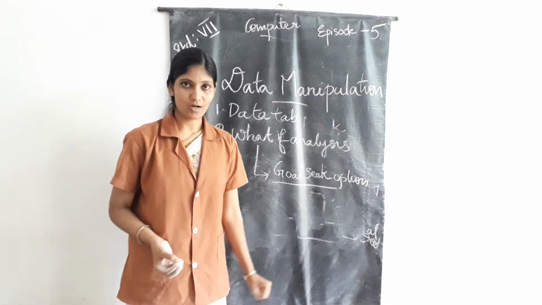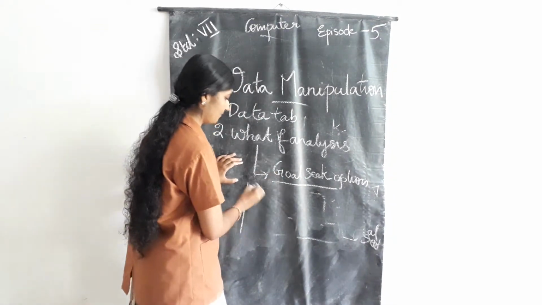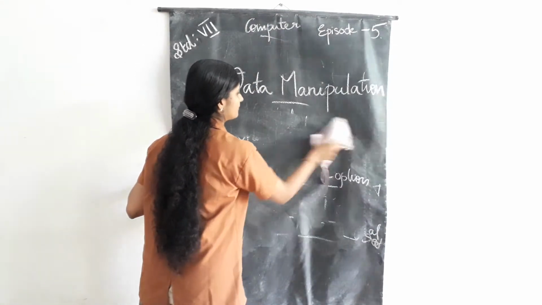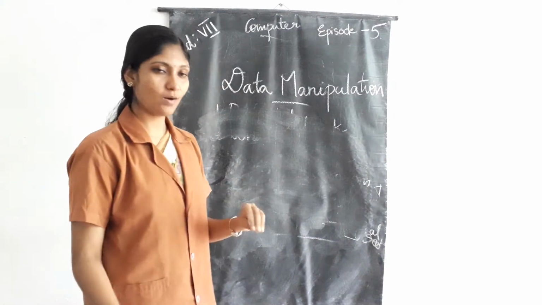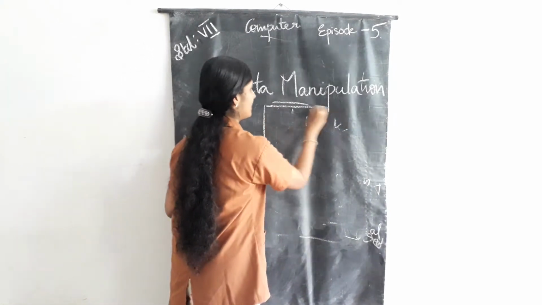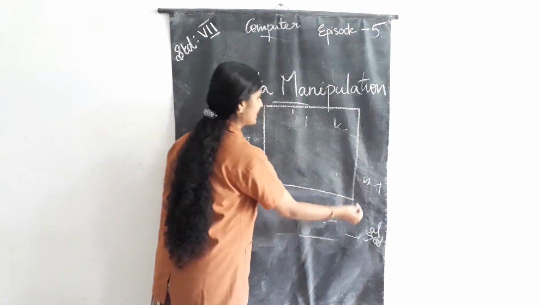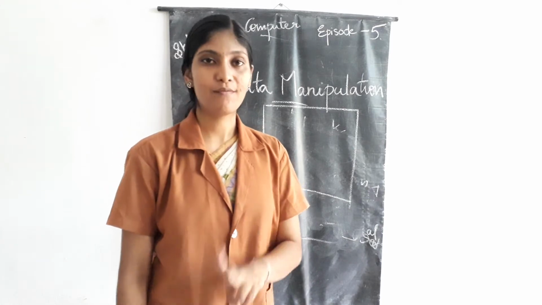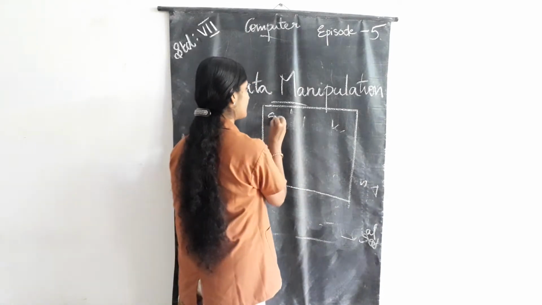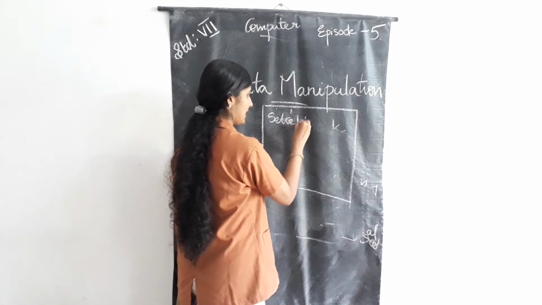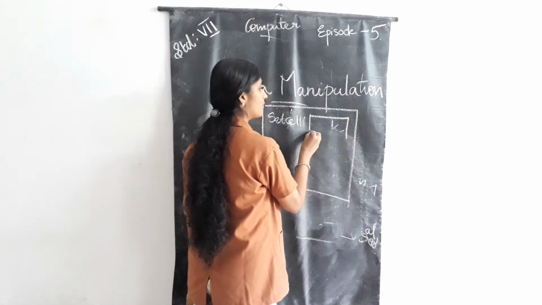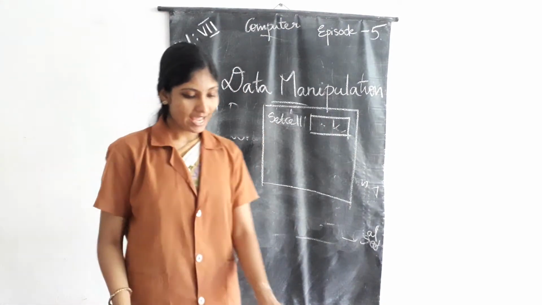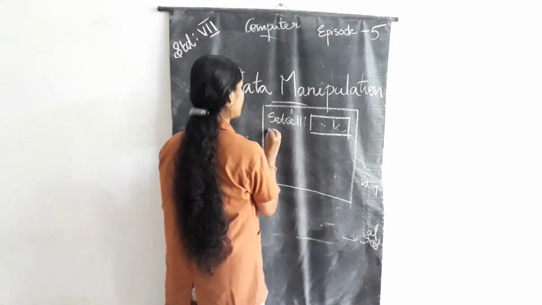When we click goal seek option, a window appears. In that window there are three text boxes. First one, set cell. Text box means we can enter a value in this box. Second one, to value.